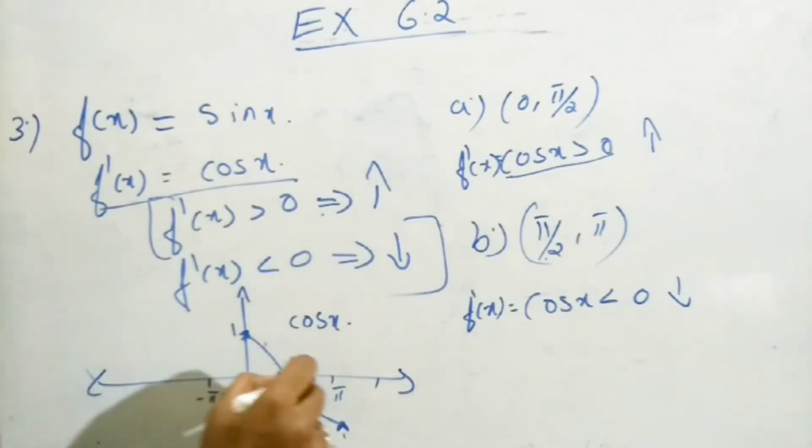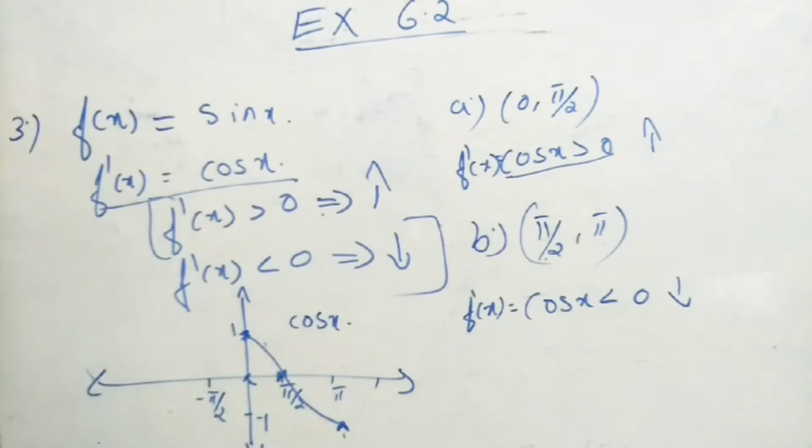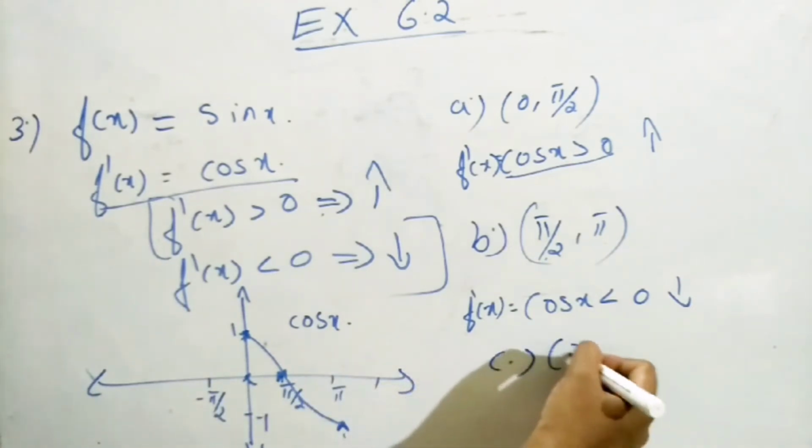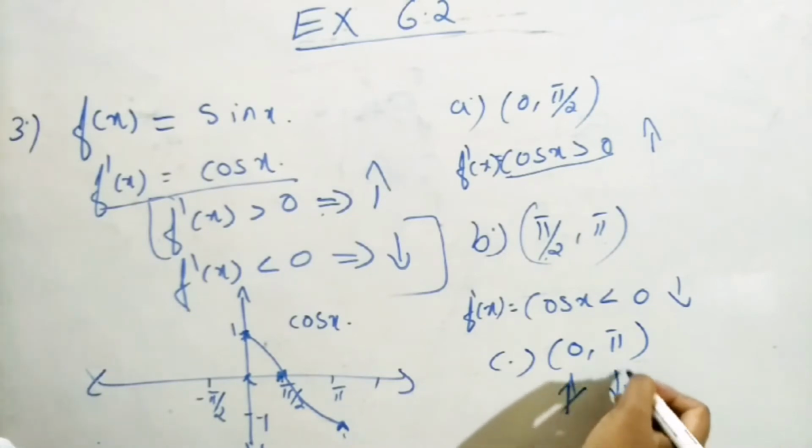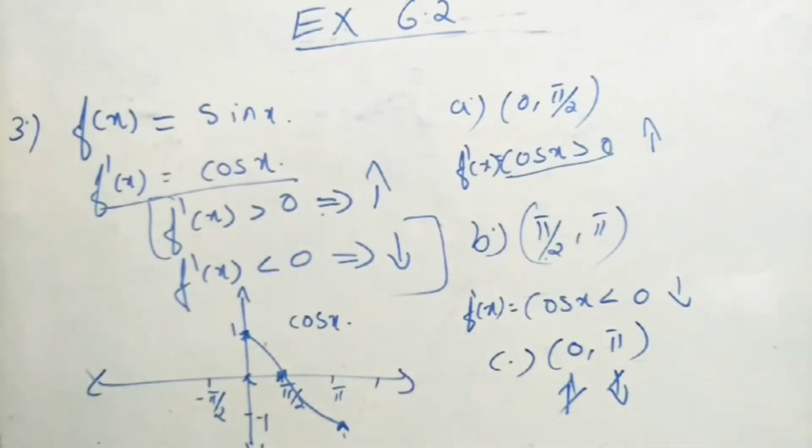So if you consider this full interval, we can say that f of x is neither increasing nor decreasing in the interval 0 to pi. So for the third one, the interval 0 to pi, it is neither increasing nor decreasing.